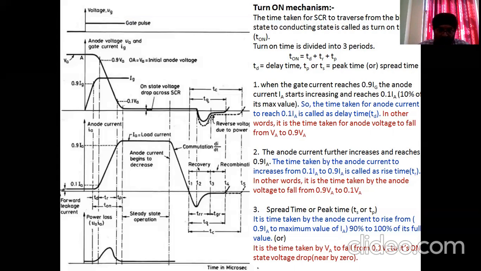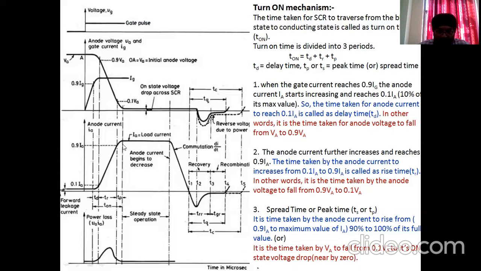The time it takes is peak time. And on the anode current side, the time it takes the anode current to rise from 90% to 100% of the current is called peak time or spread time.